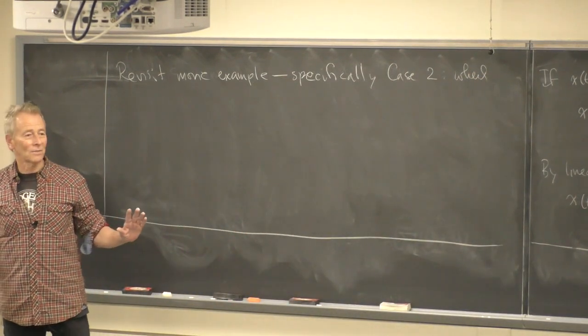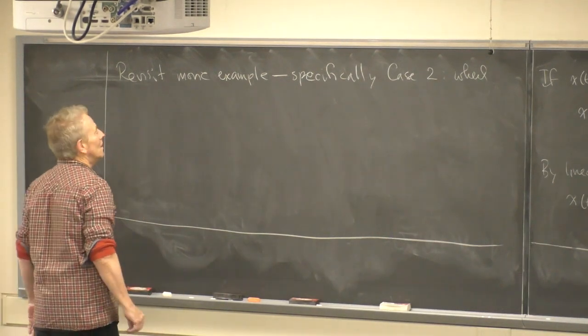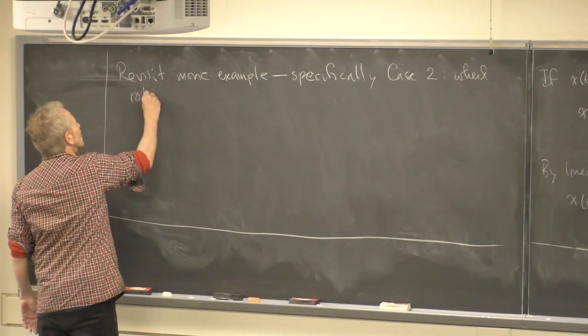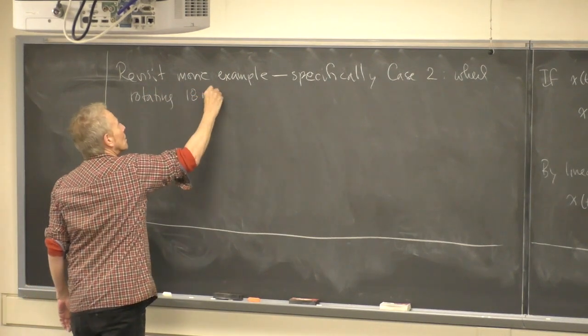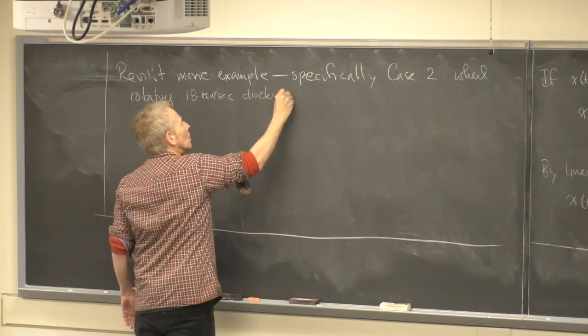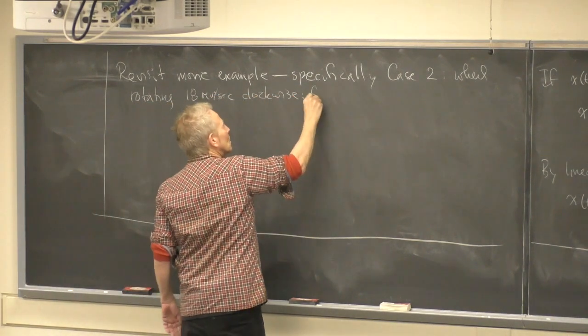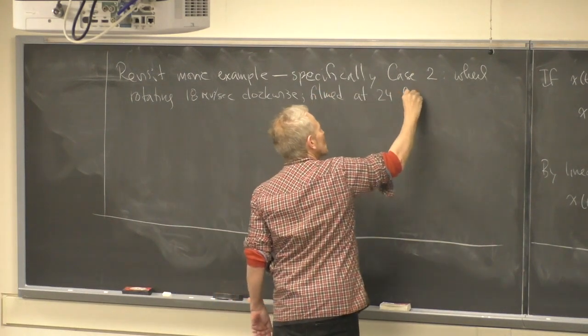If you weren't here, there's a video. You can watch it, not during class, but whatever. A wheel is rotating 18 revs per second clockwise, and it's filmed at 24 frames per second.